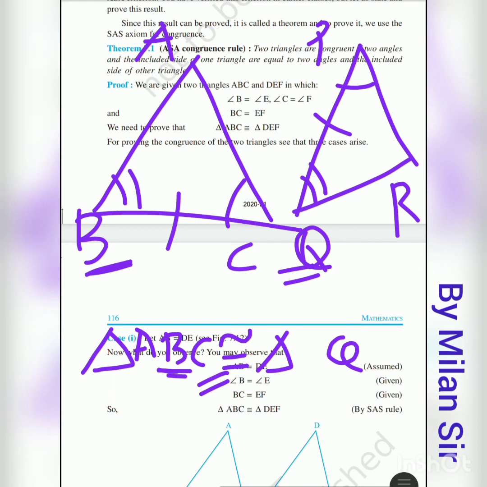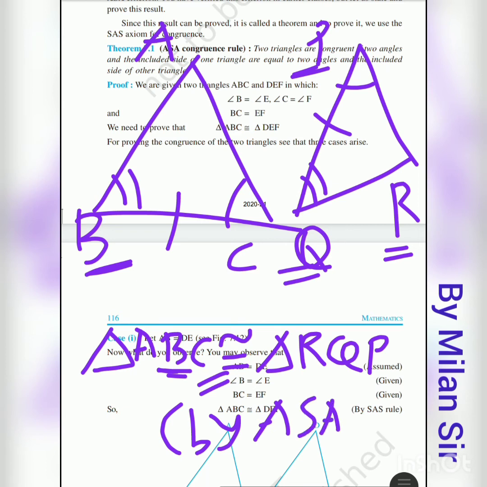Now here we have C, angle C is equal to angle P, so in place of C we need to write P here. The remaining letter goes in the first position. Okay, so in this way we need to set up the congruency. And here we need to write the reason: it is by ASA, angle side angle.